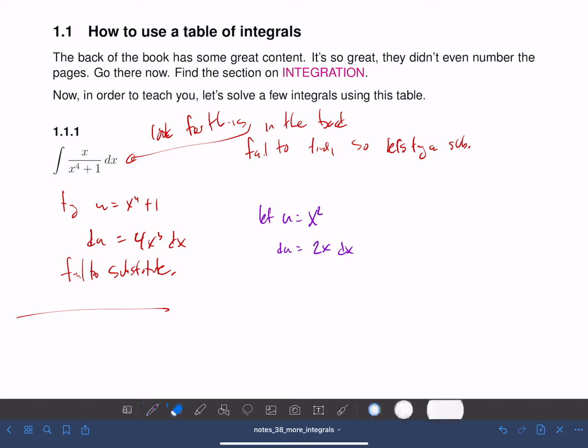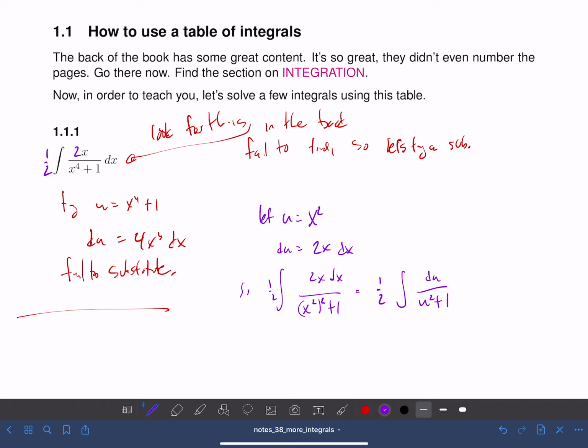So let's introduce a 2, as we've been doing. So we have the integral of 2x dx over x squared plus 1, is how that's written. That's equal to a half of the integral of du over u squared plus 1.